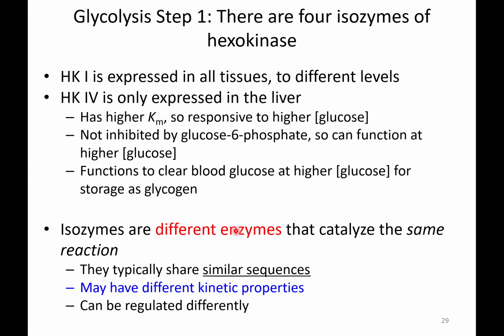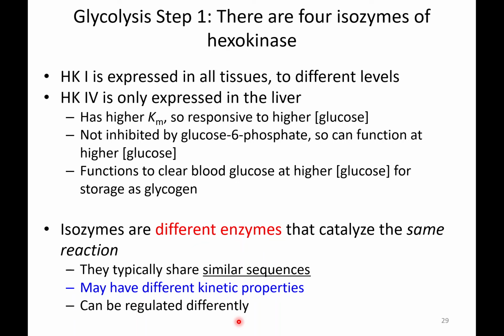They catalyze the same reaction, but their catalytic or kinetic properties may be different, and they can be regulated differently. A lot of times they're expressed at different levels in different tissues.